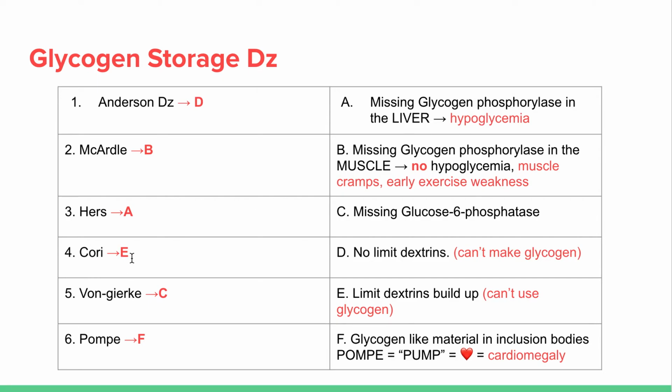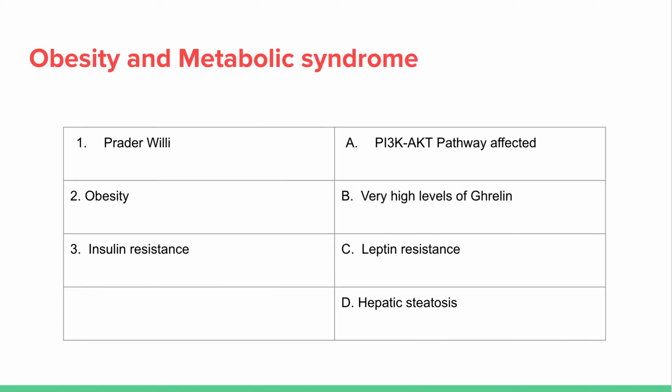Cori disease is you're missing the debranching enzyme, so you will not be able to break down those big glycogen branches, and you will see a build-up of limit dextrins. Von Gierke is you're missing glucose-6-phosphatase, and Pompe, remember, pump, and cardiomegaly and cardiomyopathy. Okay.